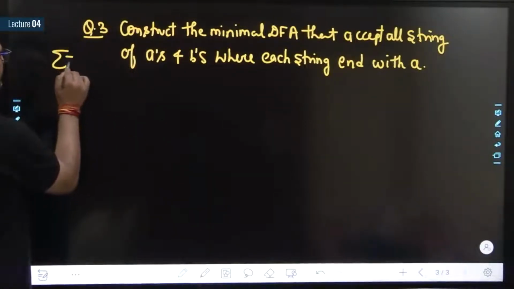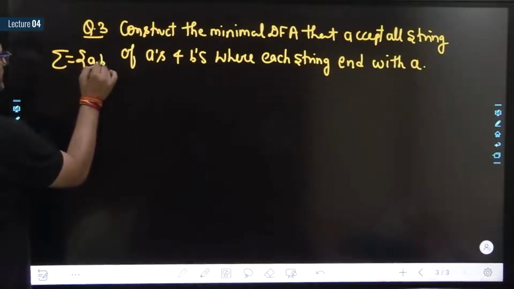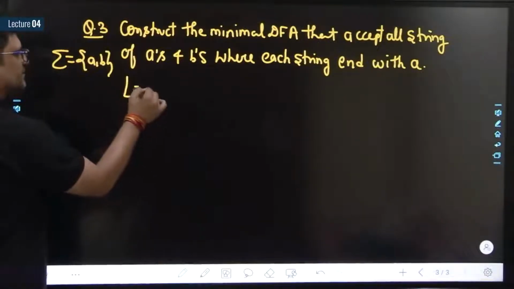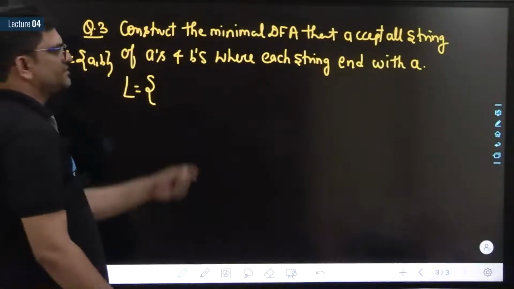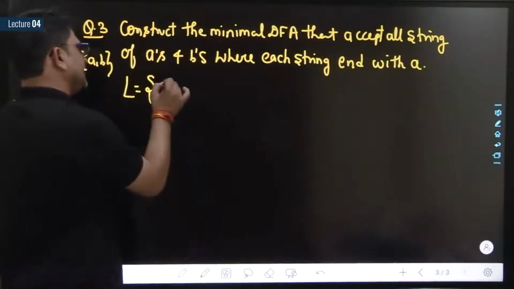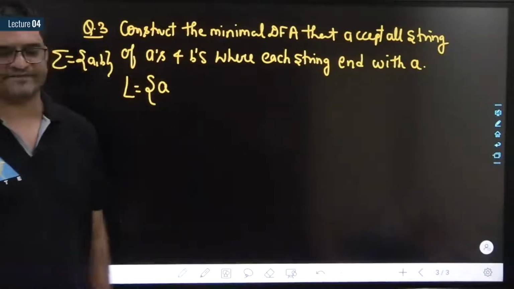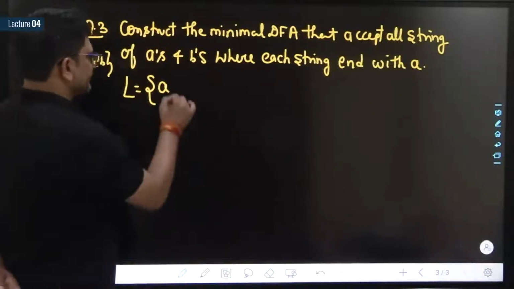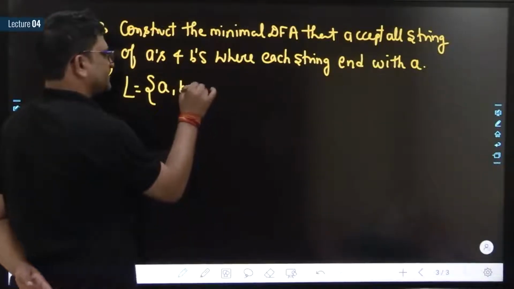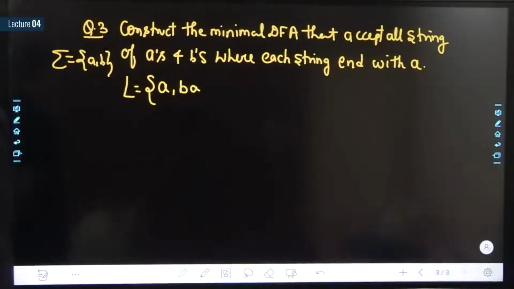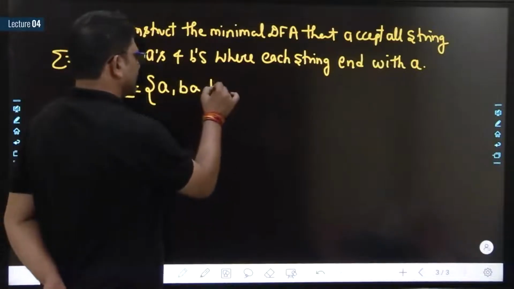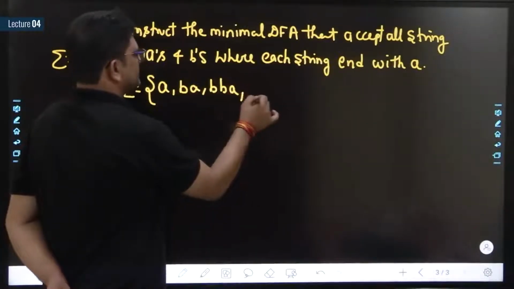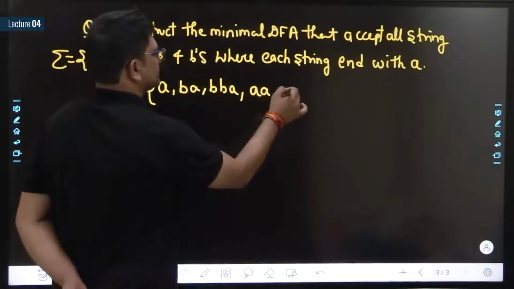Now what are the input symbols? A and B. What is the language? Each string ends with A. Is only A accepted by this DFA? Yes. Is BA accepted by this language? Yes. BBA? Yes. AA?